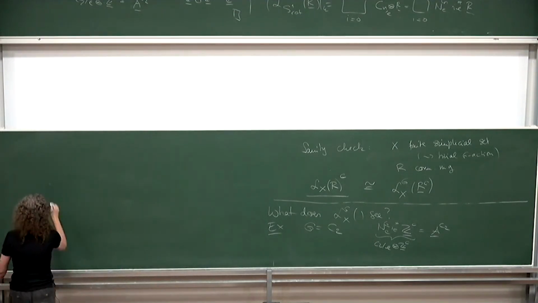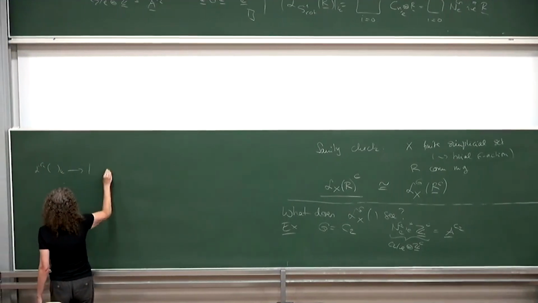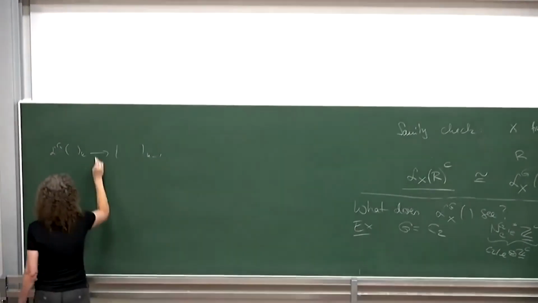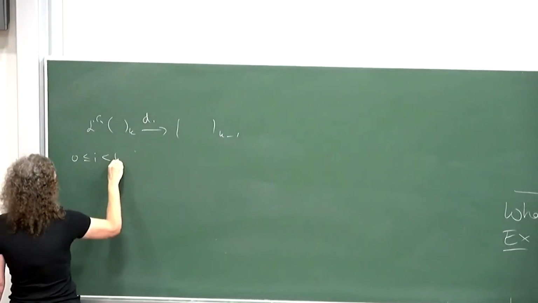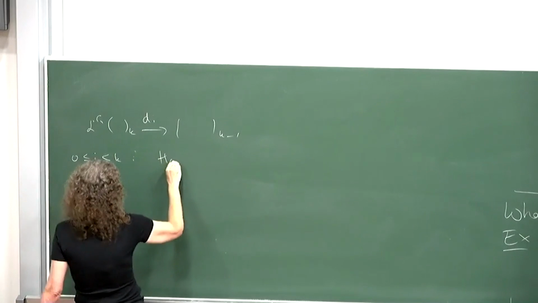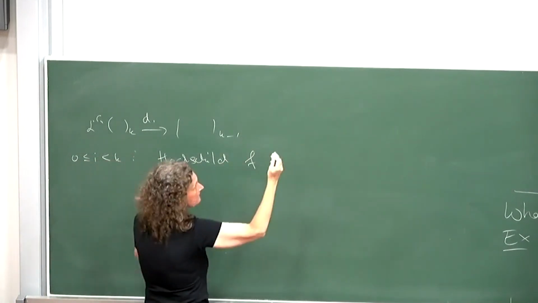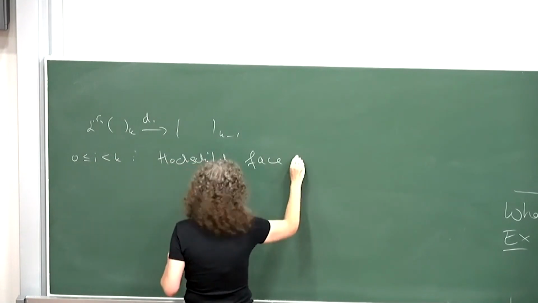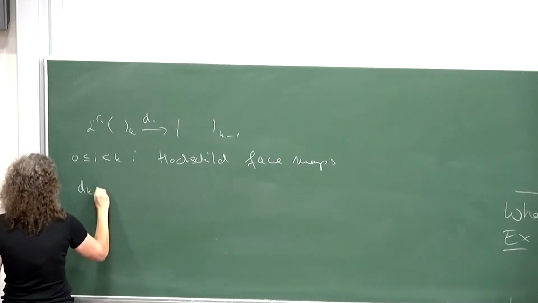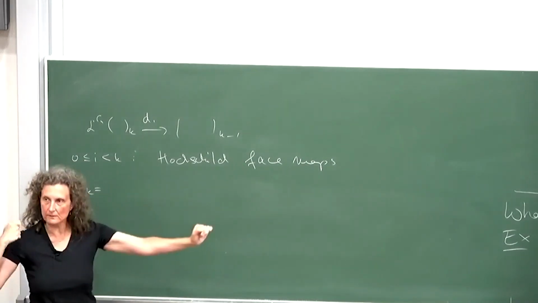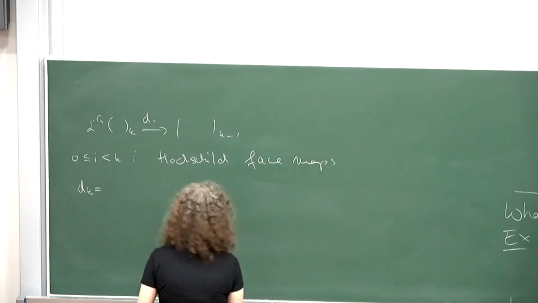So I have Loday Cn in degree k to the same thing in degree k minus 1 with d_i, and for 0 less or equal to i less than k, these are, say, the Hochschild face maps. Well, you have the box thing instead of a tensor, but nothing really happens. But for d_k, you get the twist, so the thing you know from the Hochschild complex, the thing has to move to the front.